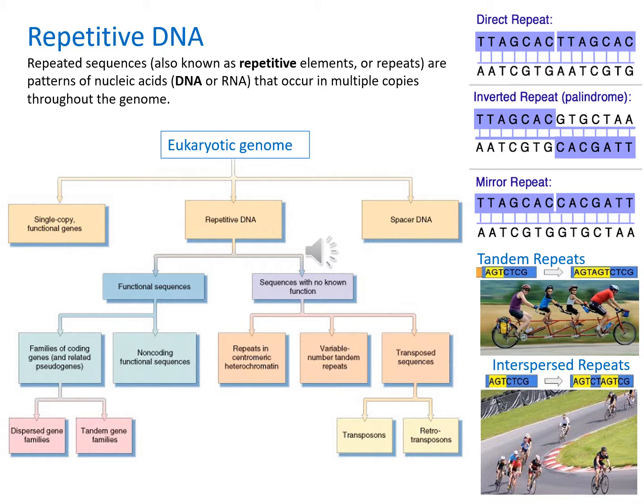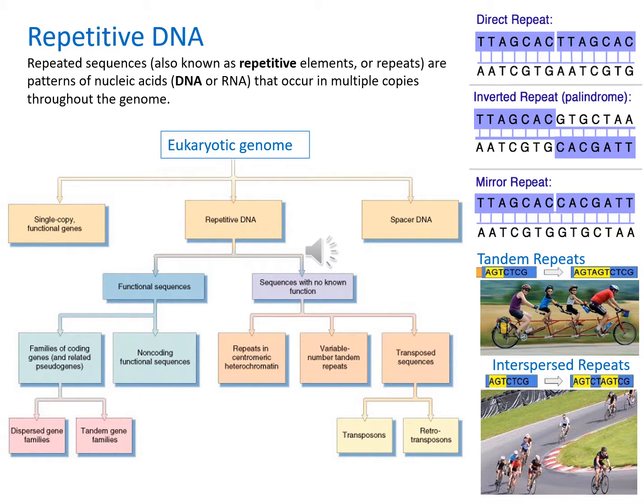One important and very interesting type of repeat is transposed elements. Transposed elements are also called jumping genes because these are mobile elements that can move from one place to another.